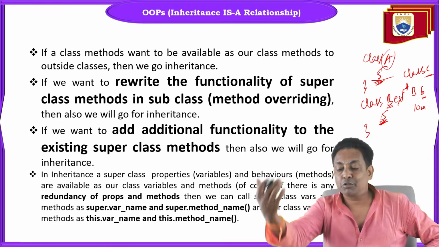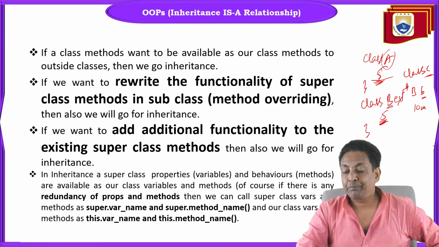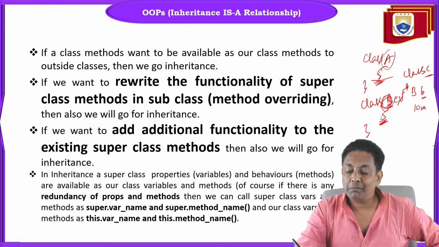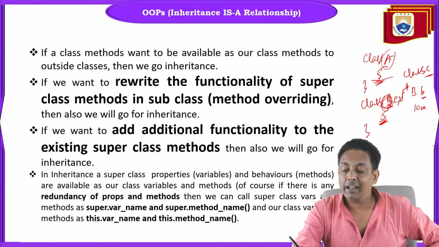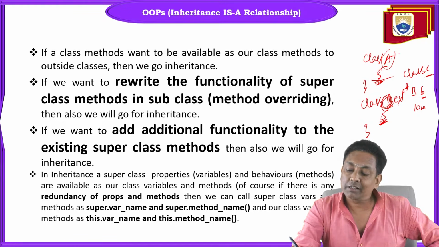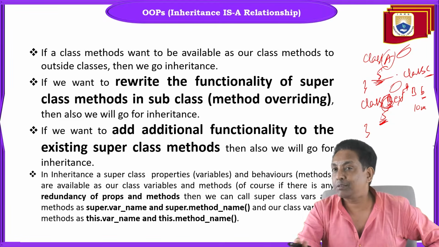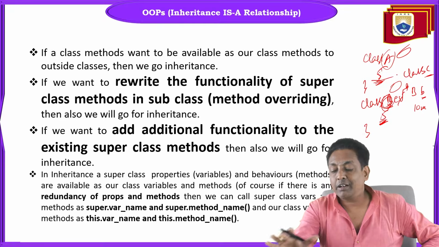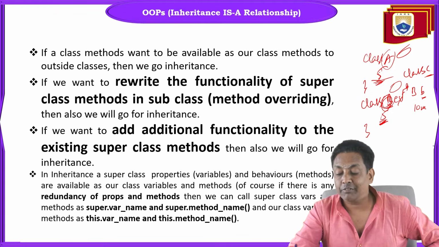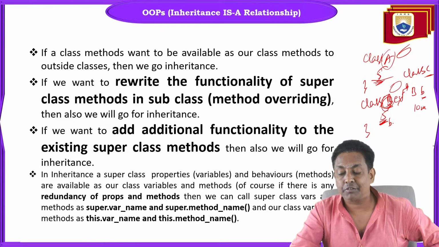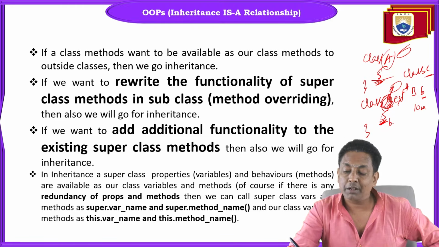Deriving doesn't mean that those methods will fall into B. Whenever we create memory for the B class, the memory will also be allocated for class A. Class A methods' memory will exist in class A memory, and class B methods' memory exists in class B memory. Memory will remain in their own instances, but with the help of this B object reference, you can access both this memory and this memory.